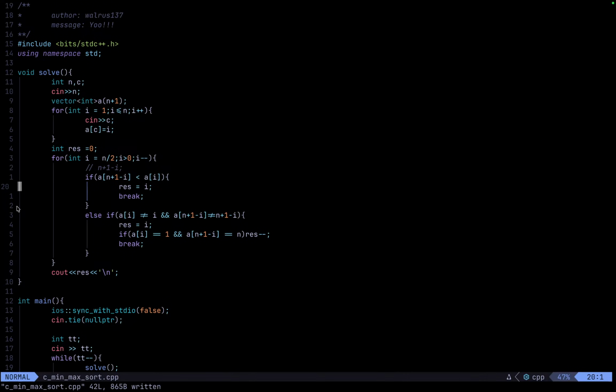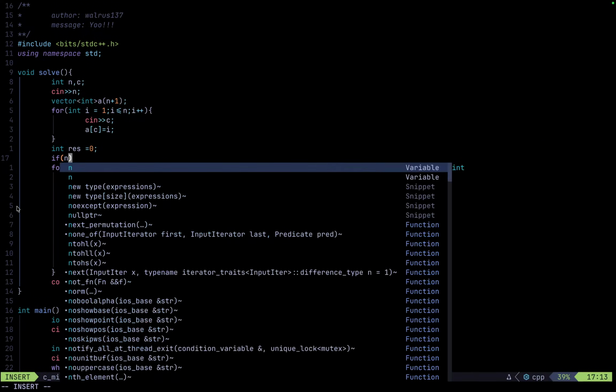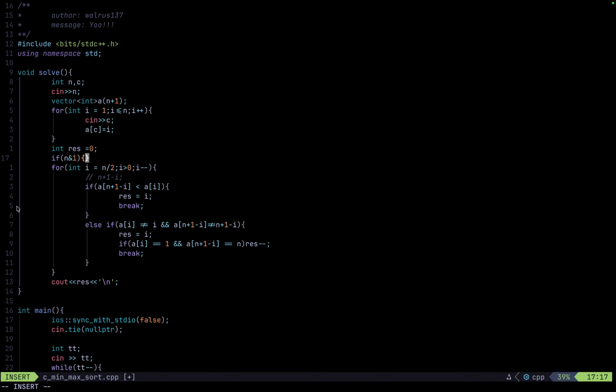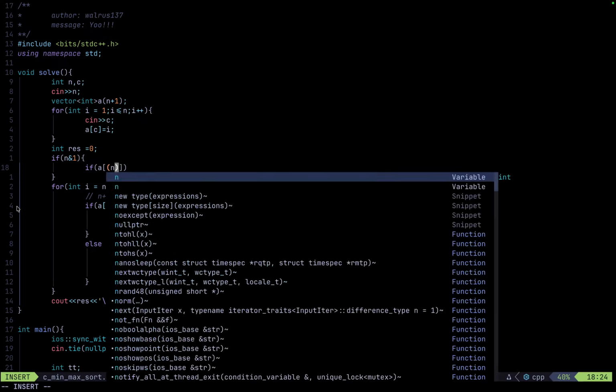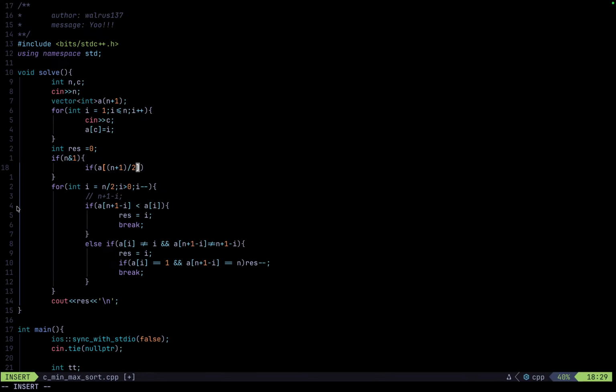Okay, let's add a condition to check for this also. If n is odd, then a index of (n plus 1) divided by 2 should be equal to (n plus 1) divided by 2.